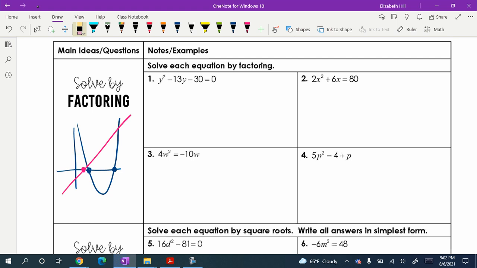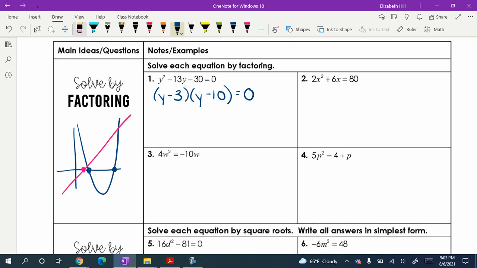Okay, so let's do factoring first of all. We just did factoring a little bit ago, so hopefully you feel comfortable with that. I would be able to break this equation down into y and y, which will give me y squared. And then I could do a -3 and a -10. Oh, whoops, sorry, I see that as a negative.